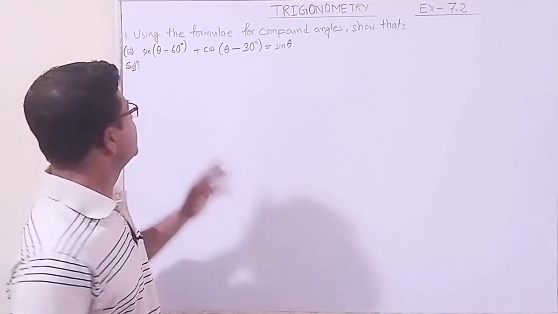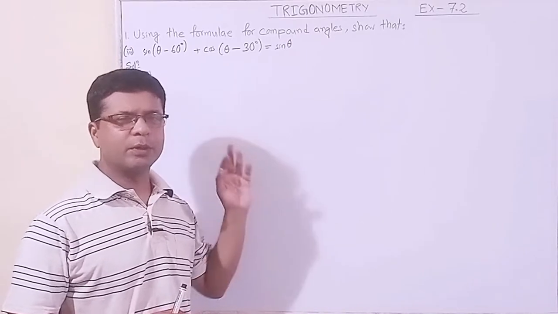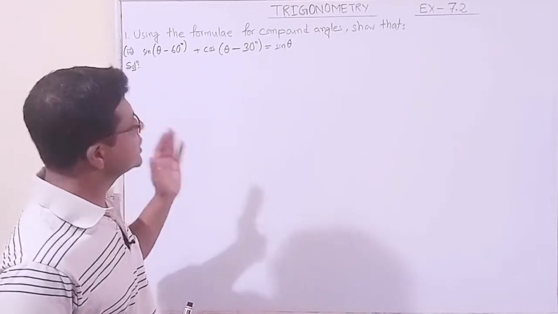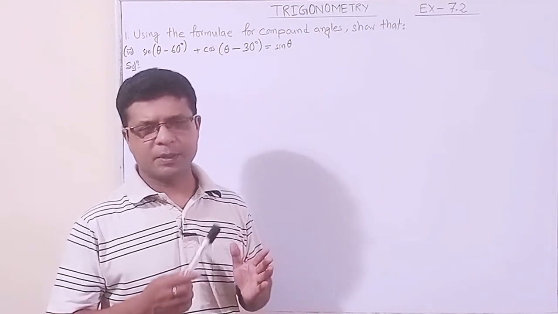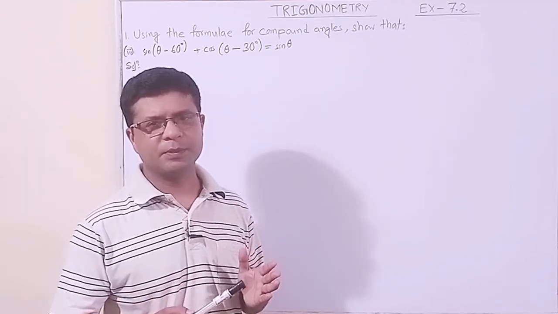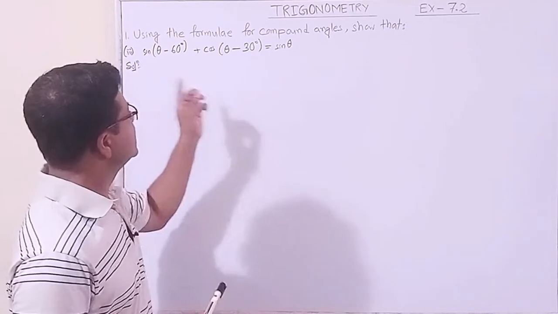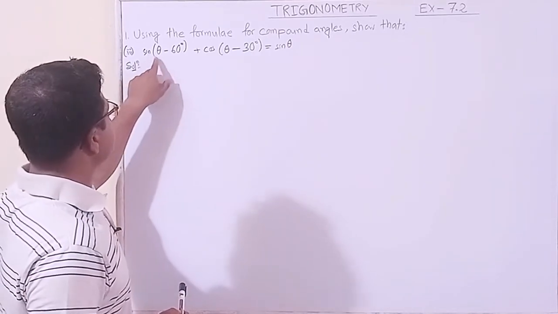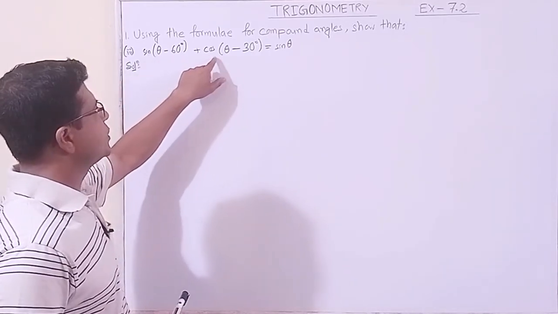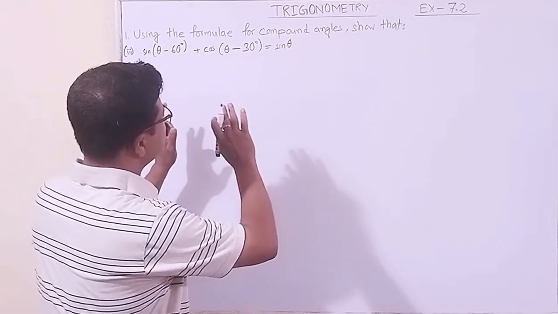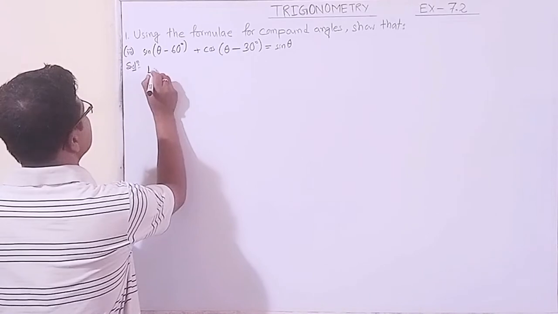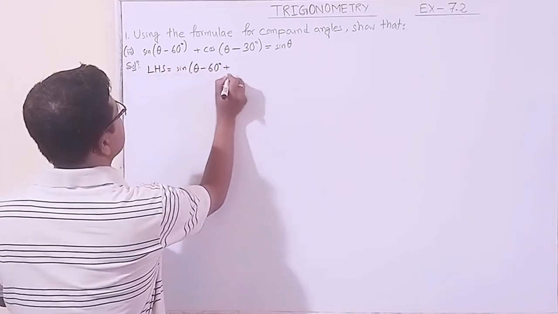Okay, now dear students, we have taken number 3. Actually in question number 1, what we are finding is that all the questions are based on only 4 formulae. That is sin of a plus b, sin of a minus b, cos of a plus b, and cos of a minus b. This is on the application of sin of a minus b and cos of a minus b. Okay, so the solution or proof is very simple. Let us take the left hand side.